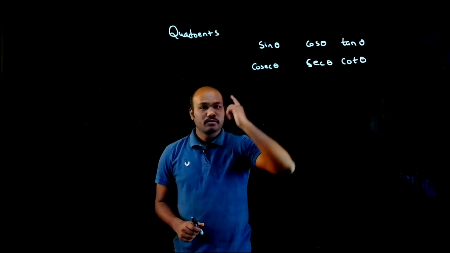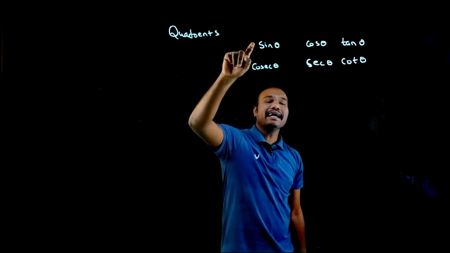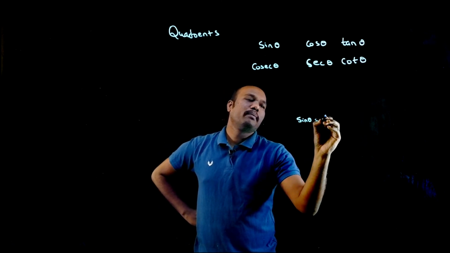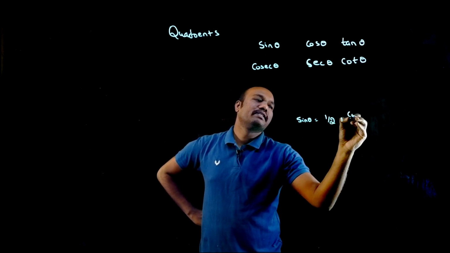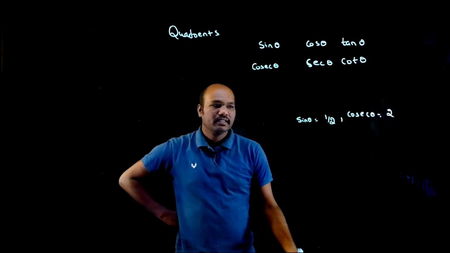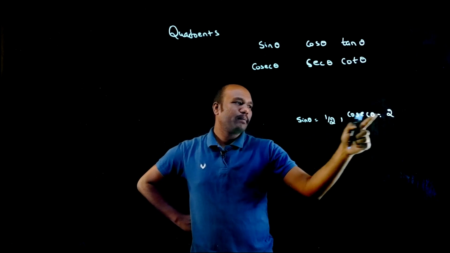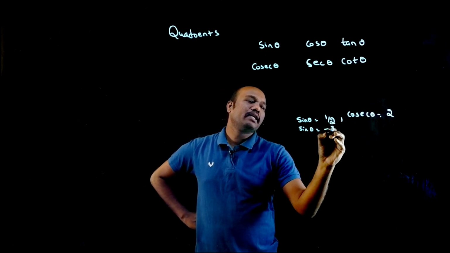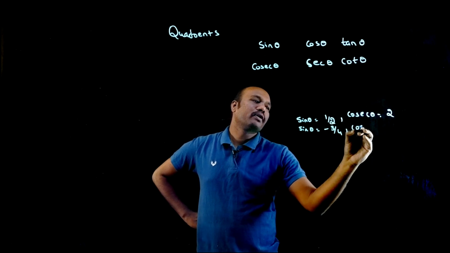Tan theta. So my question is, if sin theta is equal to 1 by 2, what will happen to cosecant theta? Cosecant theta will be reverse, that is 2, right? So a positive number is there, a positive number will come. If sin theta is equal to minus 3 by 4, what happens to the cosecant theta?